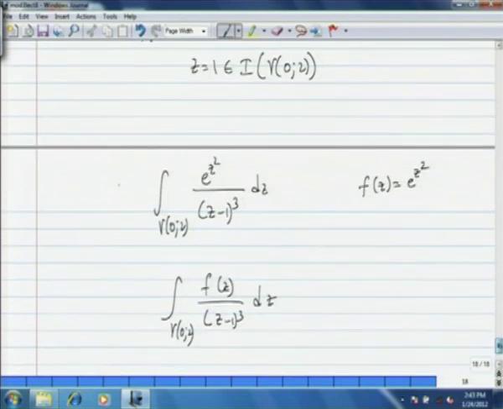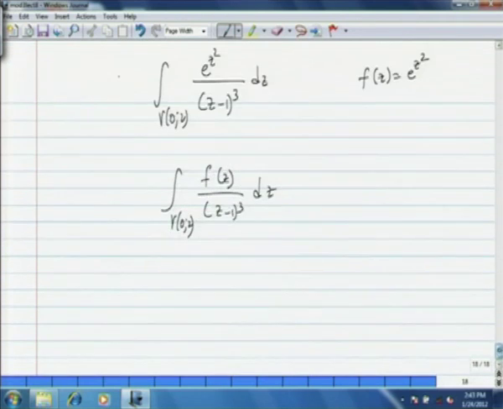And this is a simple closed curve, gamma 0,2 is a simple closed curve around the point 1, or the inside of it contains the point 1. So, here is 1, and here is gamma 0,2, this is 1 and this is 2, a circle of radius 2.